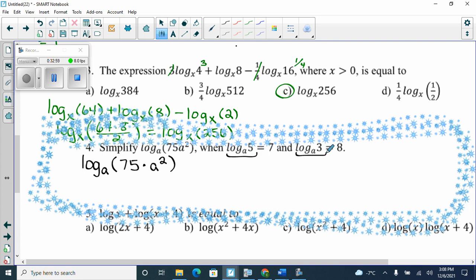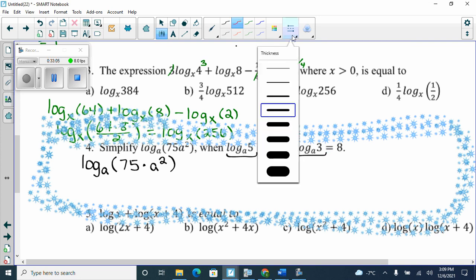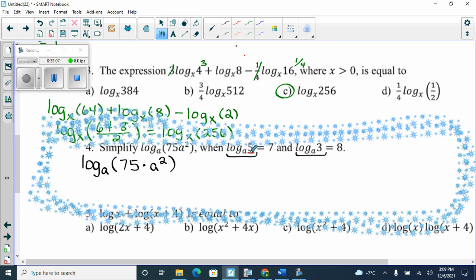So what you need to do is make 75 broken up into these two numbers. How can I break 75 up into 5s and 3s? 5 times 5 times 3 is actually 75. 5 times 5 is 25, times 3 is 75, right? So you just have to break it up into these logs.